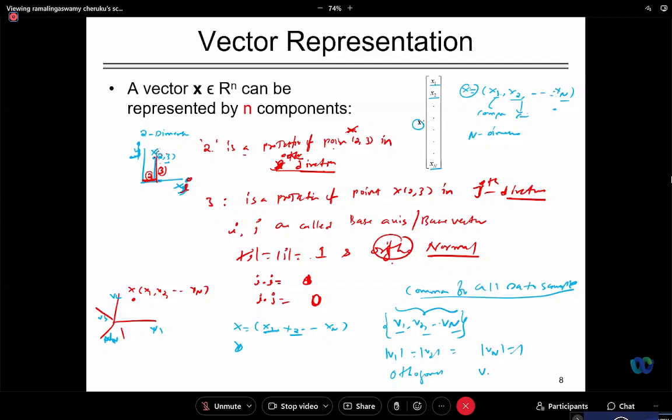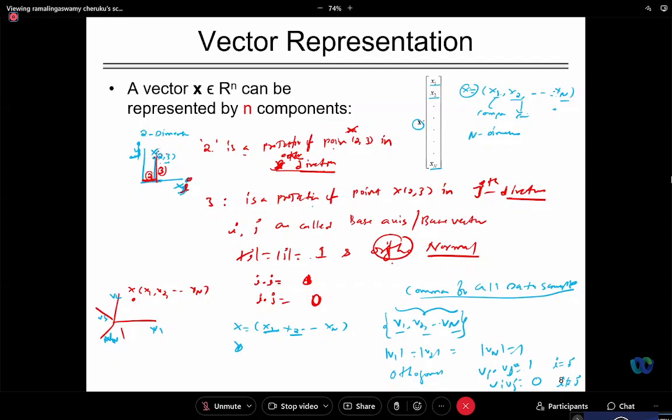So vi dot vi is equal to 1, and vi dot vj is equal to 0 when i is not equal to j.